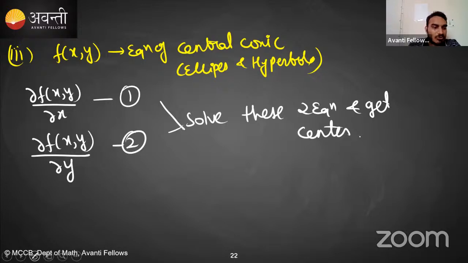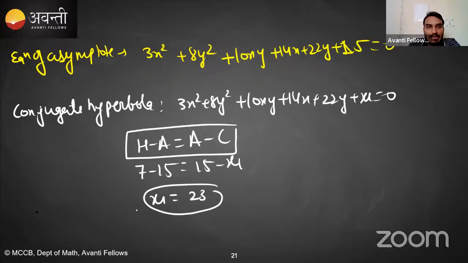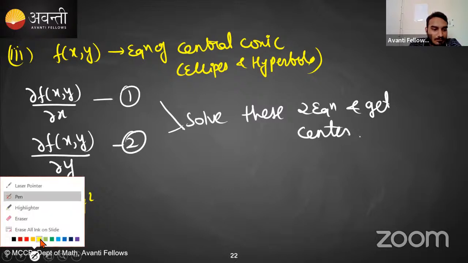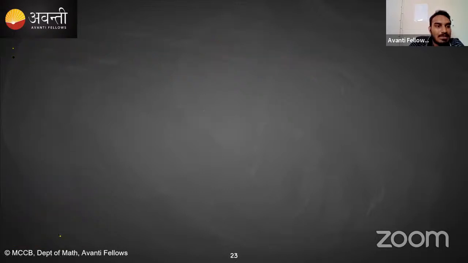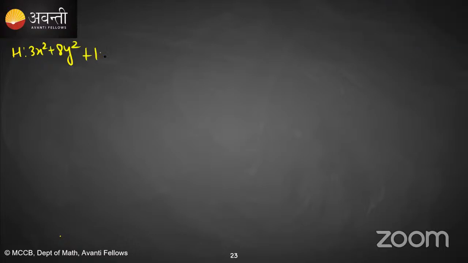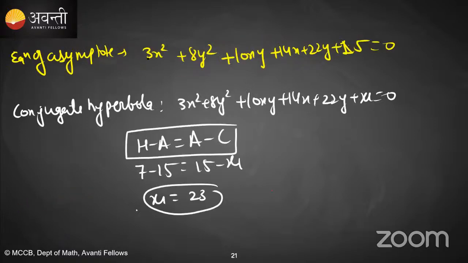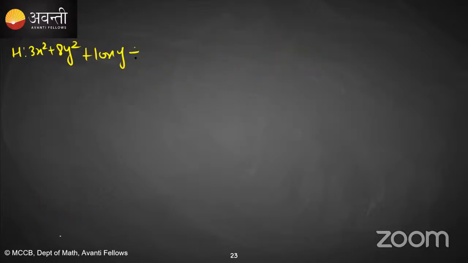For example, let me show you. What is the equation of the hyperbola? The equation of the hyperbola is 3x square plus 8y square plus 10xy plus 14x plus 22y plus 7 is equal to 0.